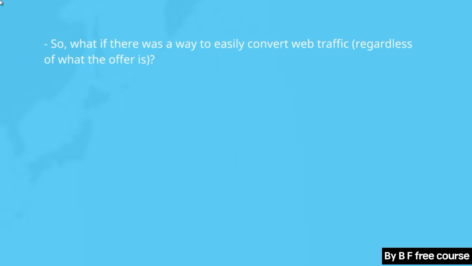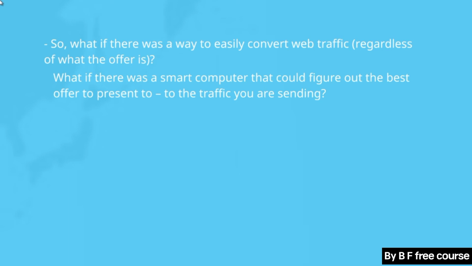Is that even possible, to just send a specific general targeted traffic to a link and it converts? Is that possible? So that was not possible a decade ago or even a few years ago, but it is possible today. And that's what we call smart offers.